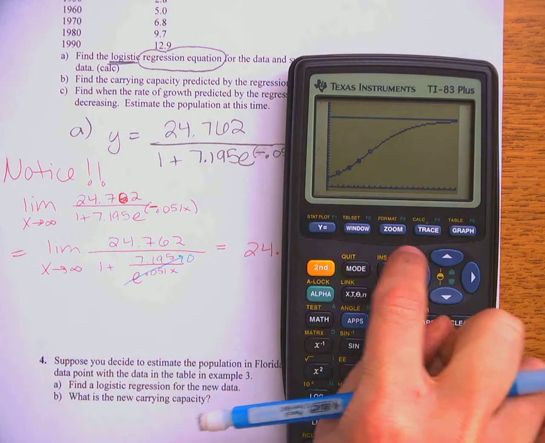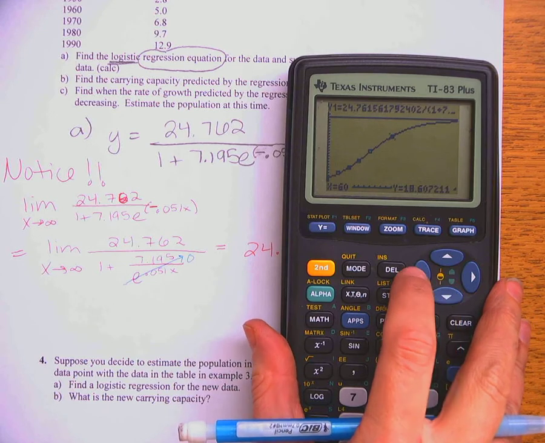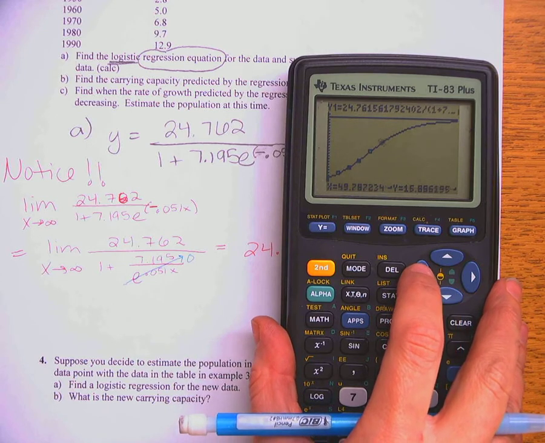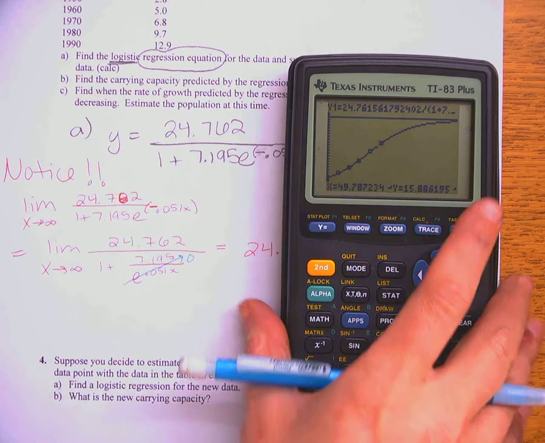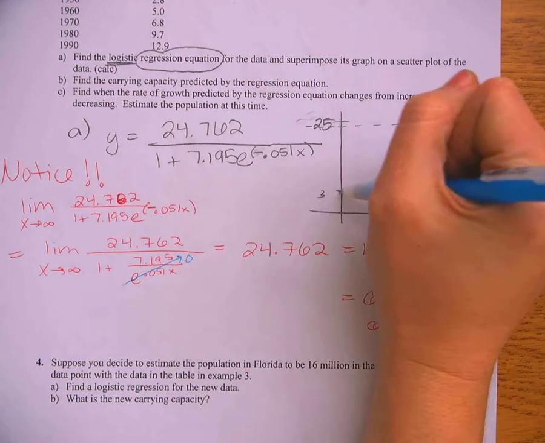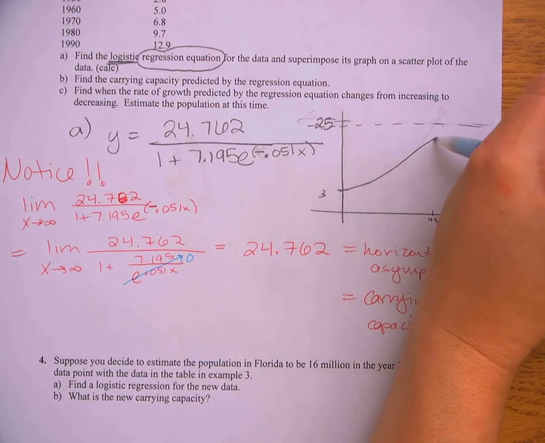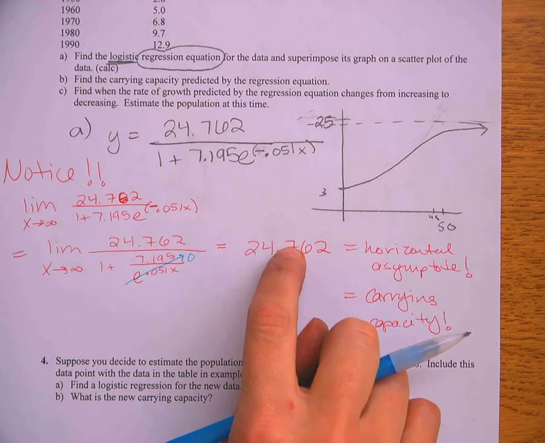So let me go ahead and hit my trace real quick. There we go. And it looks like it changes right around 48, 49 years or so. It's like right here. So it's going up, up, up till it hits there, and then it begins to taper off because it is never going to get any more than that.